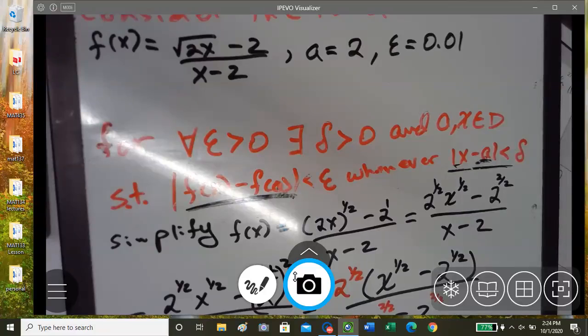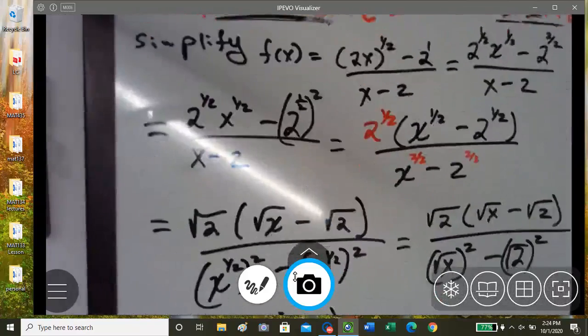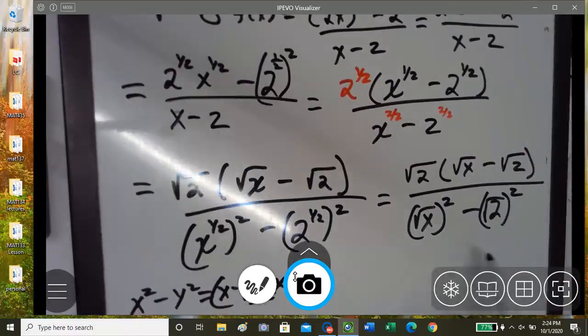So really what we have here is a difference of two squares, where we have x squared minus y squared equals (x minus y)(x plus y). So we can make these into a difference of two squares, and then we can cancel some things out.